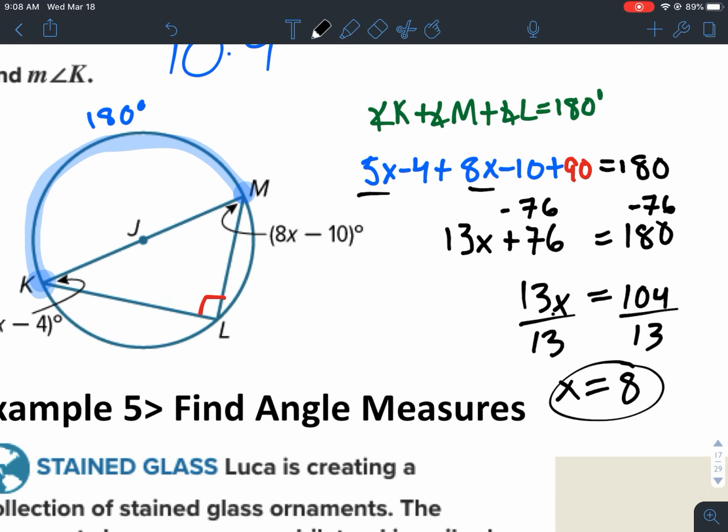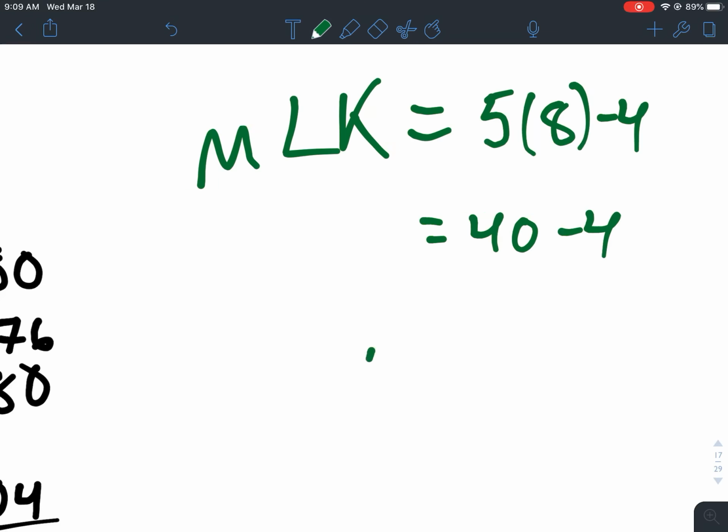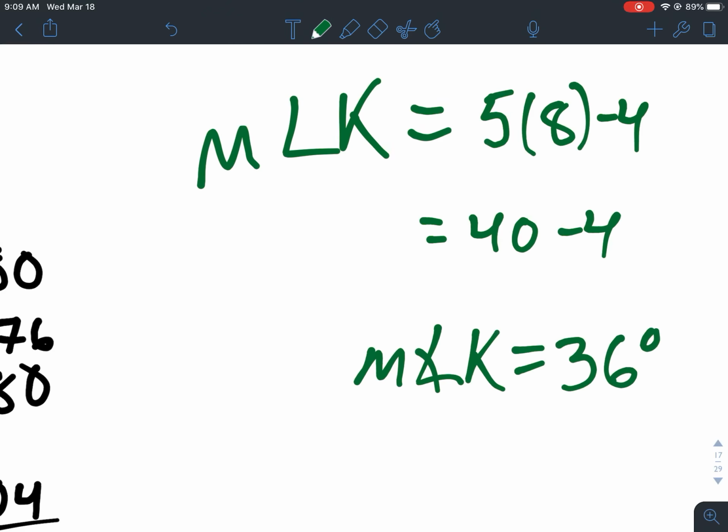So we want to find angle K. Measure of angle K is going to be 5x, or 5 times 8 minus 4, which ends up being 36 degrees. So we know what angle K is. Alright, if you want to find angle M, you do 180 minus 90 minus 36 to get the other one.